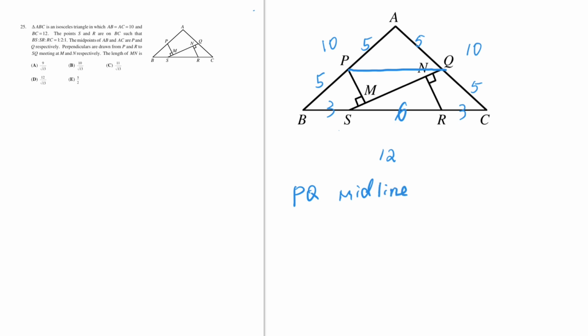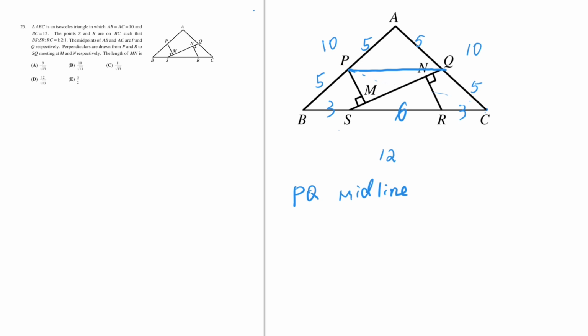Midline connects the two midpoints, not median. Median connects one midpoint with the opposite vertex. Like if we connect the PC, that's the median. But when we connect the two midpoints, we call it the midline.